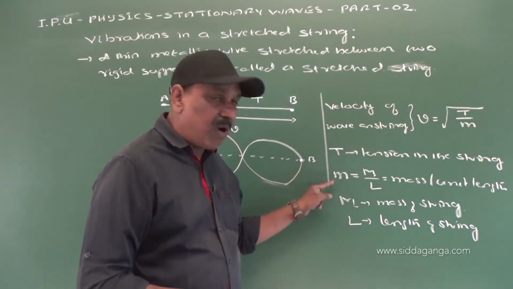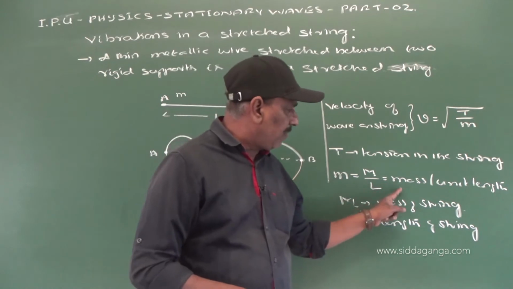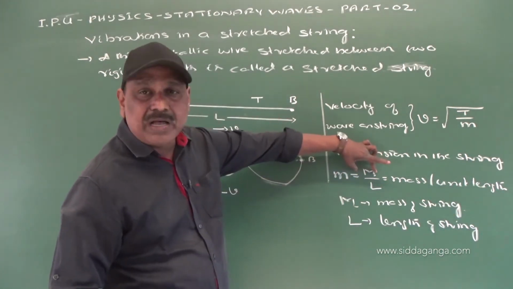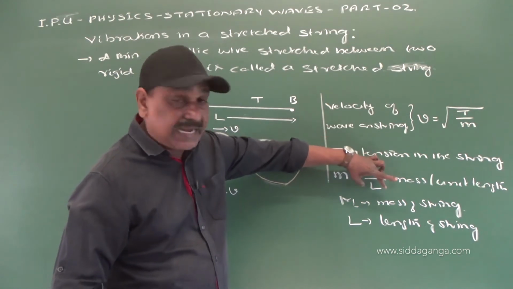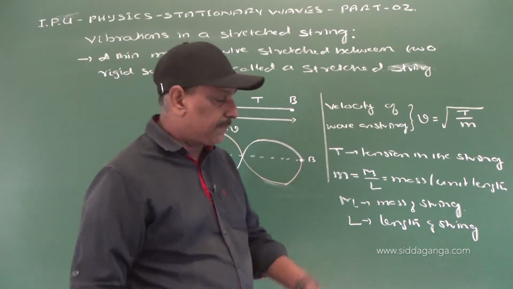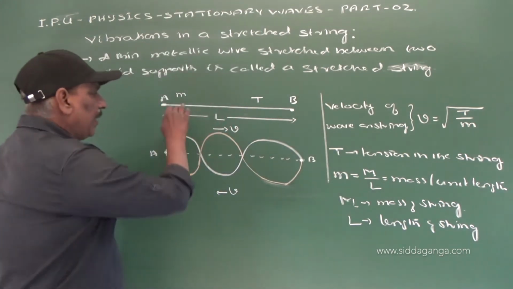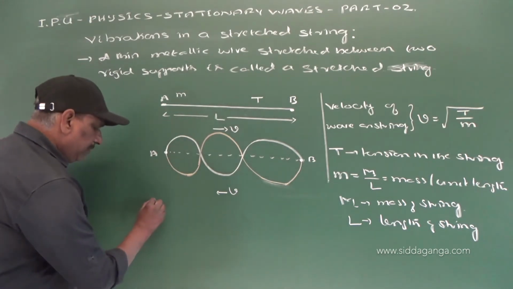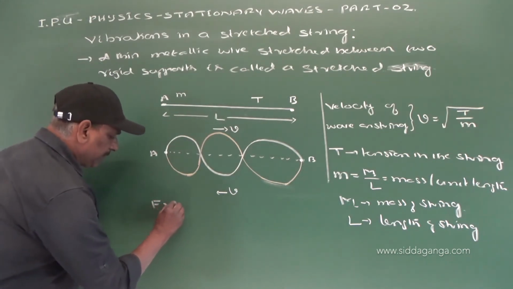Remember that small m is mass per unit length, which is equal to mass of the string M divided by length of the string L. Is it clear?